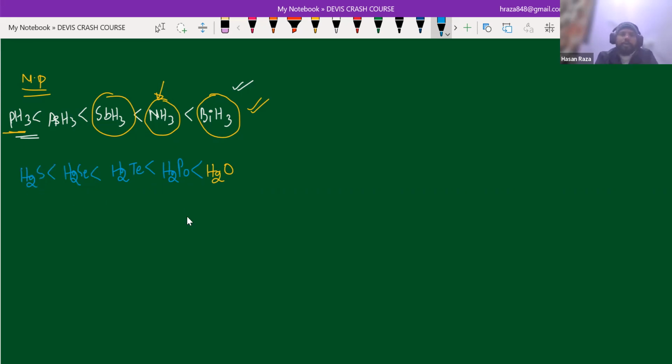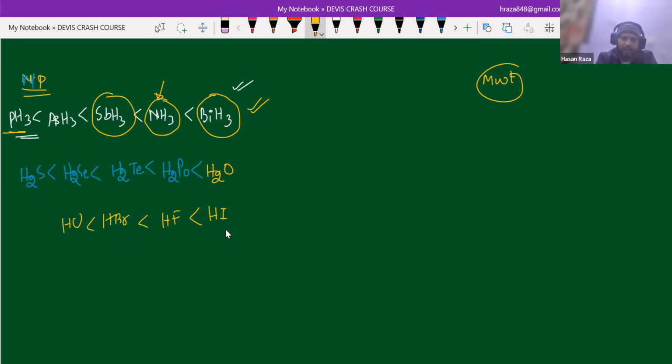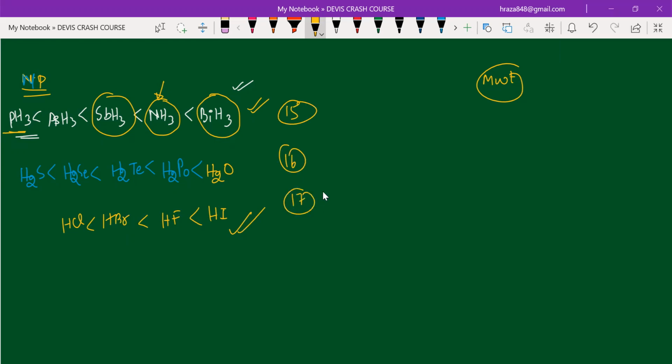This is the melting point order. For the 17th group, HI will be highest, because you know that as molecular weight increases, the van der Waals force of attraction increases, right? Then HF, because hydrogen bonding is there as well. So this is the order of melting point of the hydrides of group 15, 16 as well as 17.